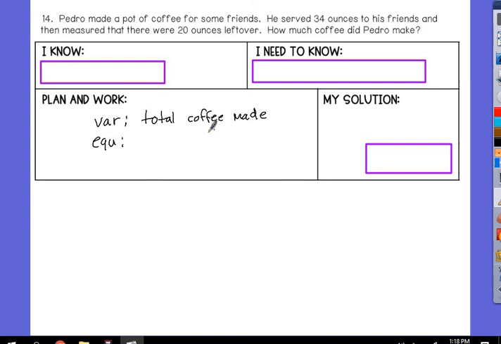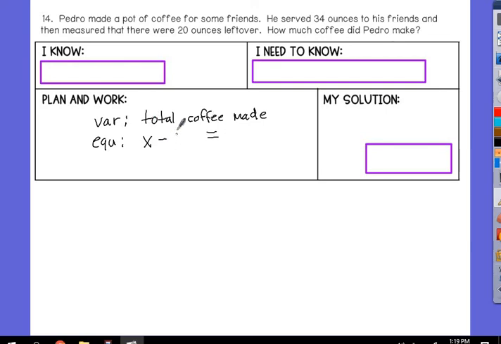Okay, equations, got to have an equal sign. So if I have a pot of coffee in my hand and I go to pour some out, what operation is that? Subtraction. So, what represents my whole pot of coffee before I pour anything out? Total. X, because it's an unknown. X, I pour some out. What am I doing? Subtracting.